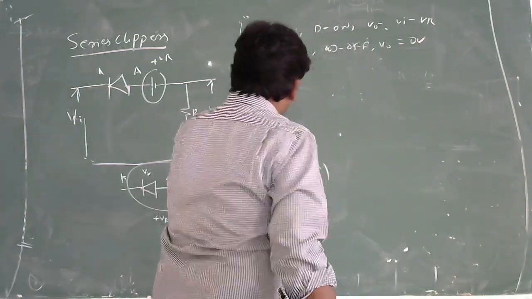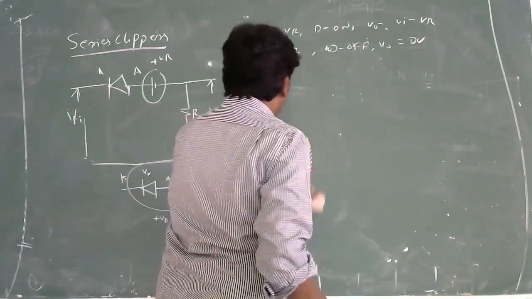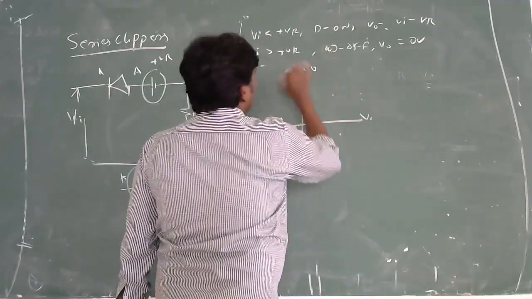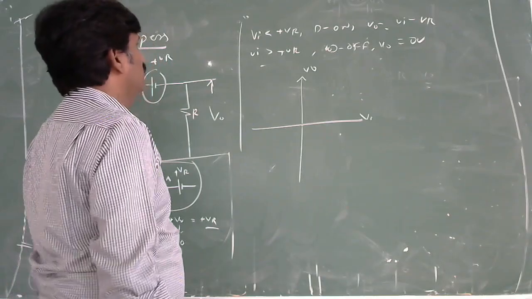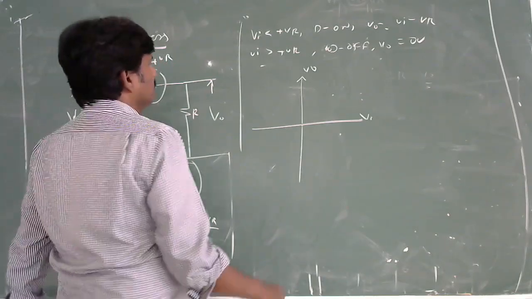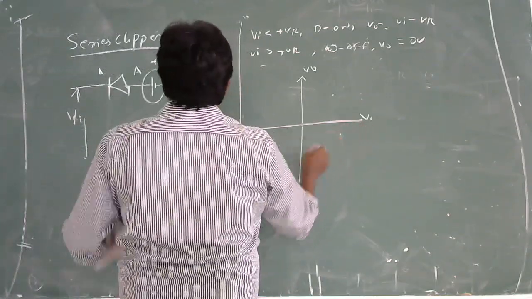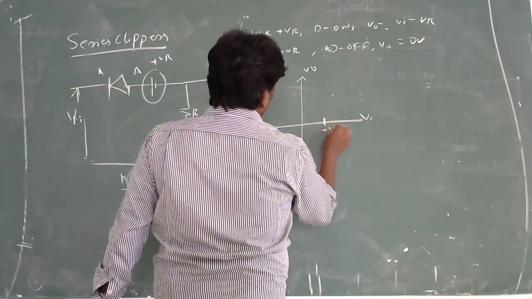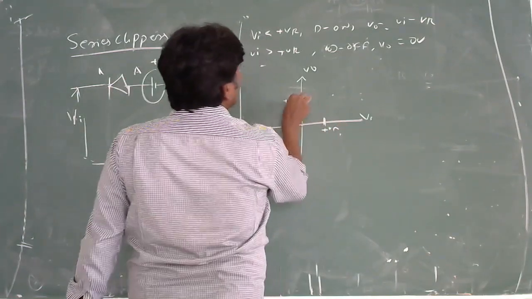The transfer characteristics of this diode have to be observed. Here we have Vi, we have V naught. Then we have to consider this V gamma, and with the plus VR, the positive VR.